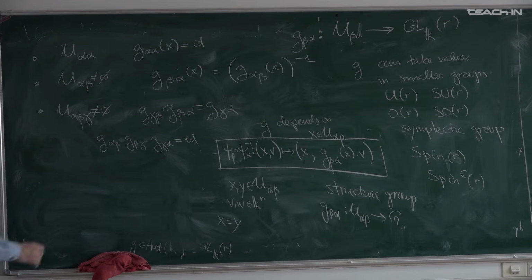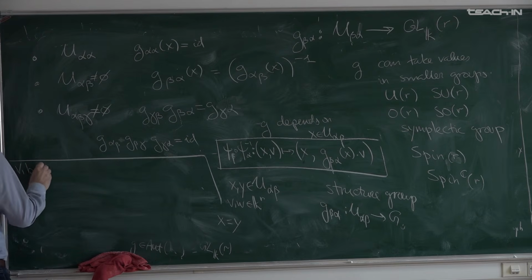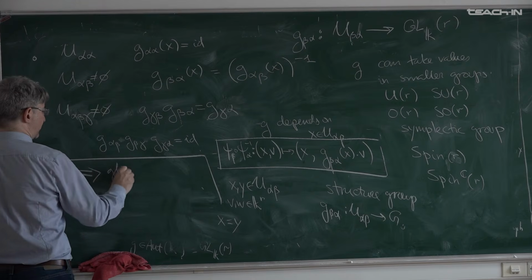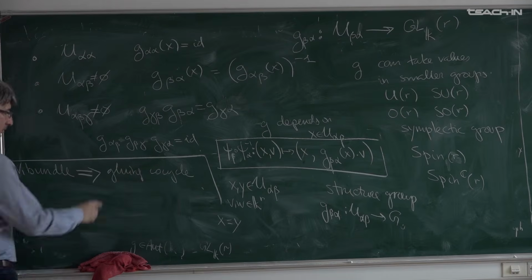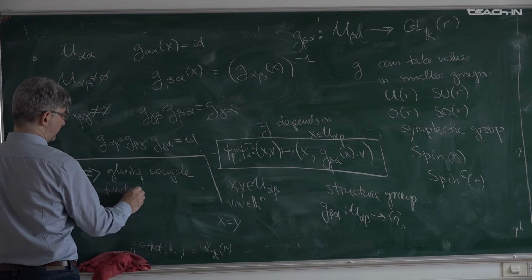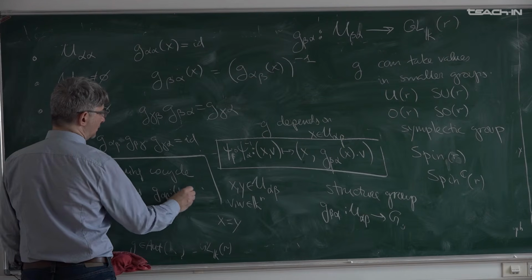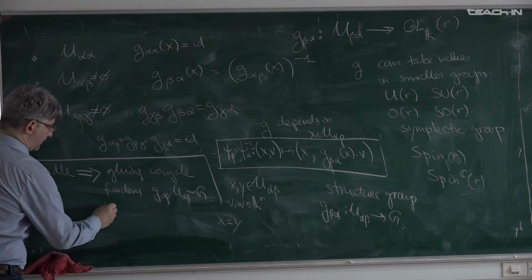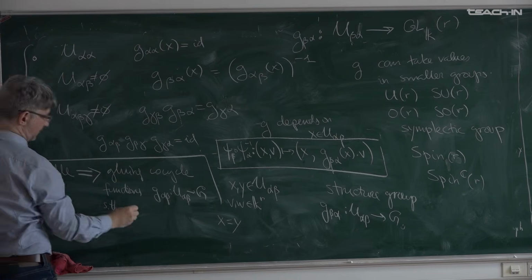Very good. So now we see that if we have a vector bundle, we can construct a gluing cocycle. What does it mean? It means that we have functions g alpha beta from U alpha beta to a specific group G, such that, let me write this condition as star.